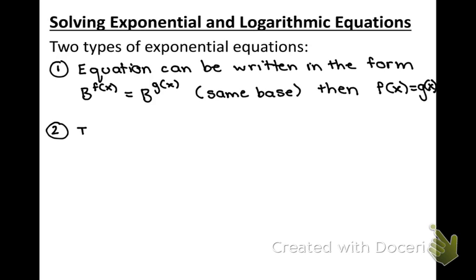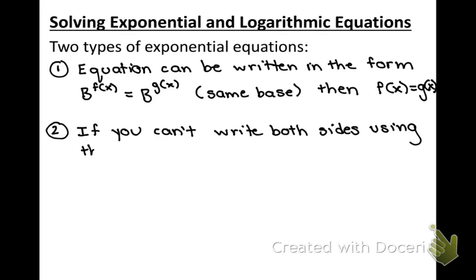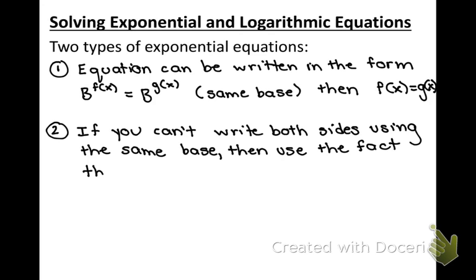So if you can't write both sides using the same base, then use the fact that the natural log of a to the f of x equals the natural log of b to the g of x.